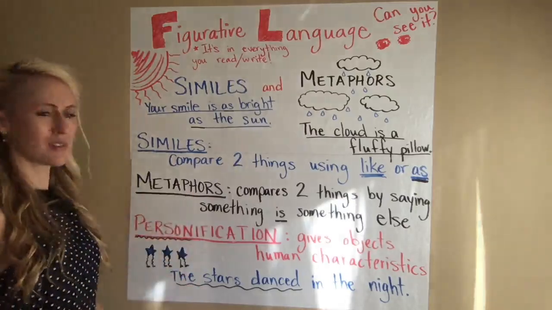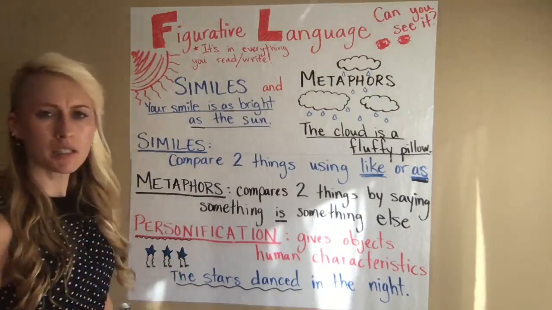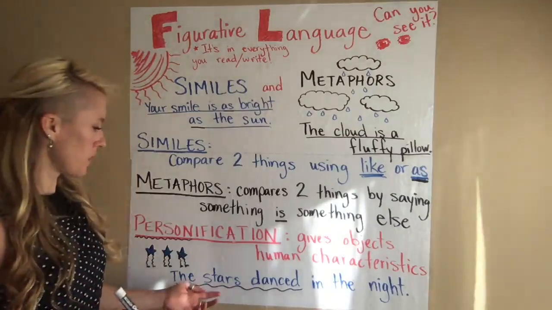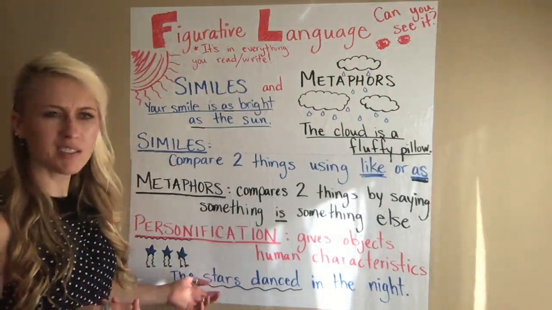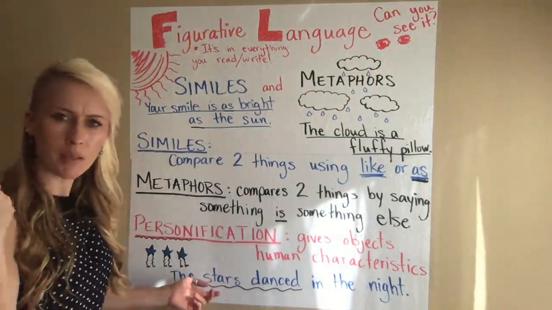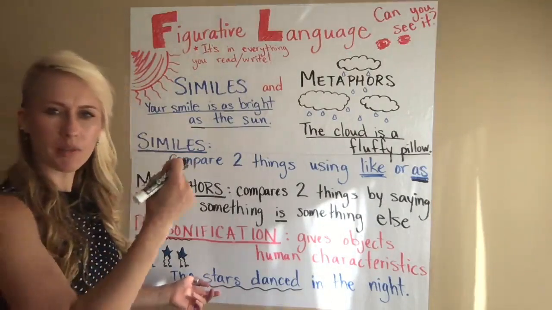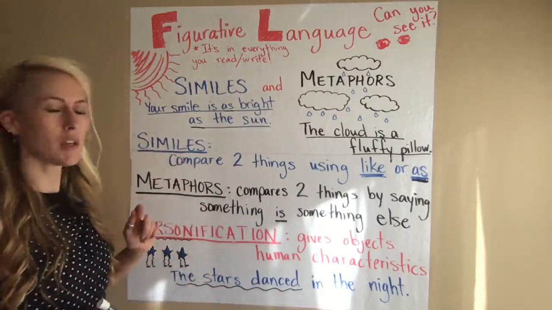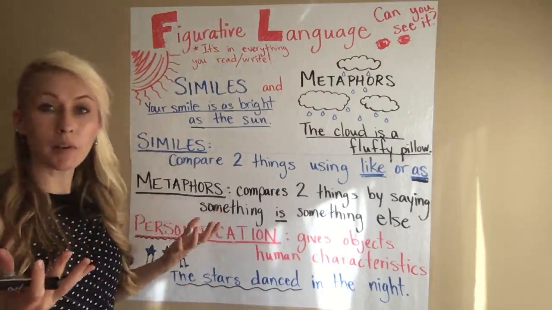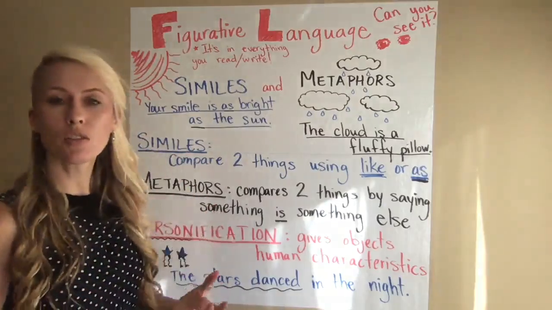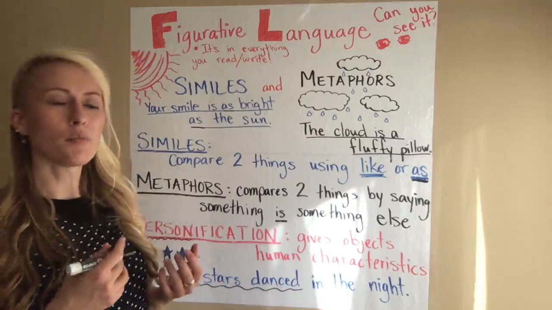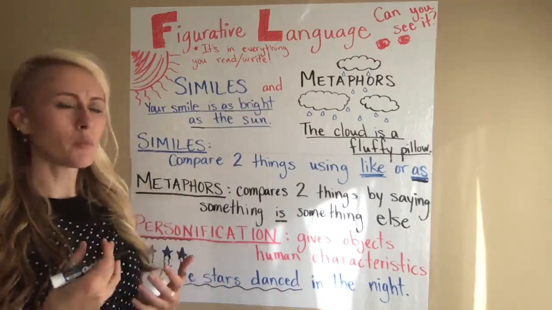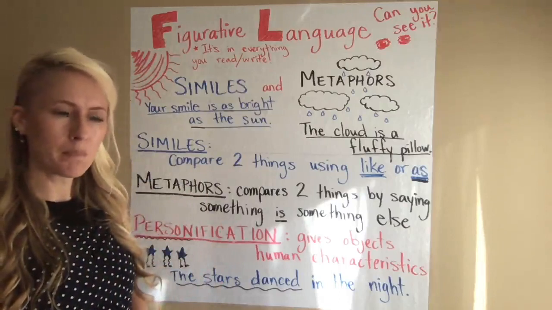But if I just said the stars blinked, the stars shone, the stars were very bright at night, it's not quite the same. It doesn't have the same oomph, the same impact, right? But if we use personification or metaphor or simile, it makes our writing come alive. And it shows that we have more command of the language. And really it makes our writing much more enjoyable to read.